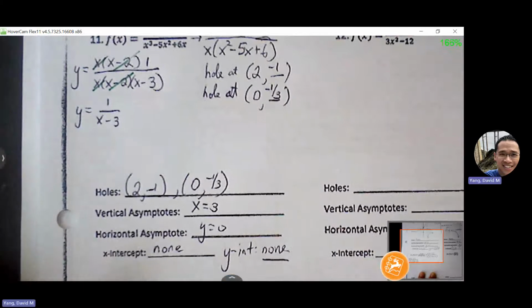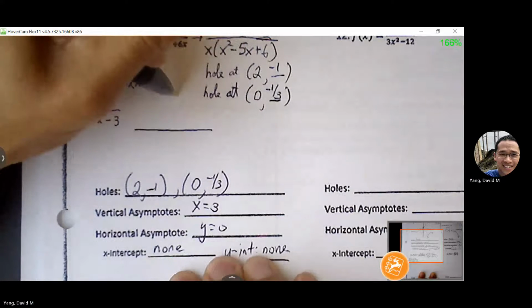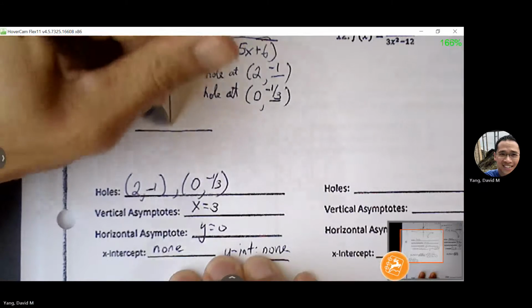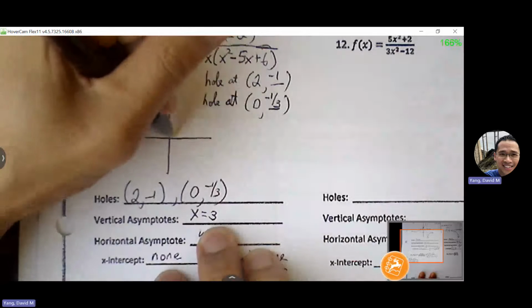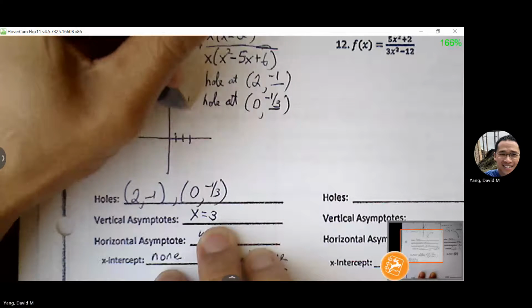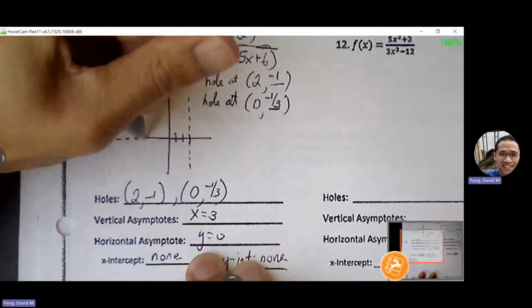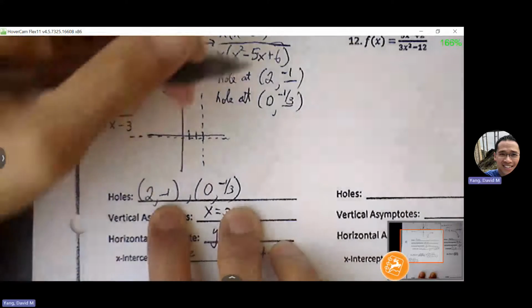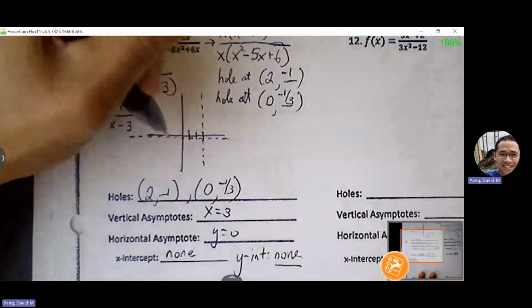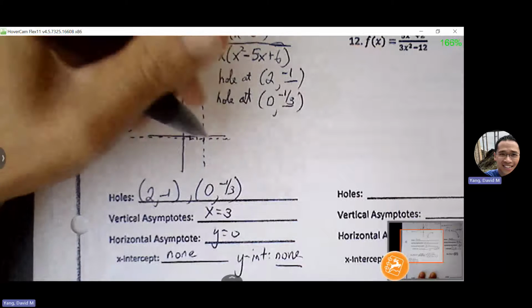Okay, let's see if we can get a picture of the graph. All right, vertical asymptote at x equals 3. Horizontal asymptote at y equals 0. Holes at (2, -1) and (0, -1/3). Even though these are holes, we're going to treat them like ordered pairs, which is put an open circle where these are.